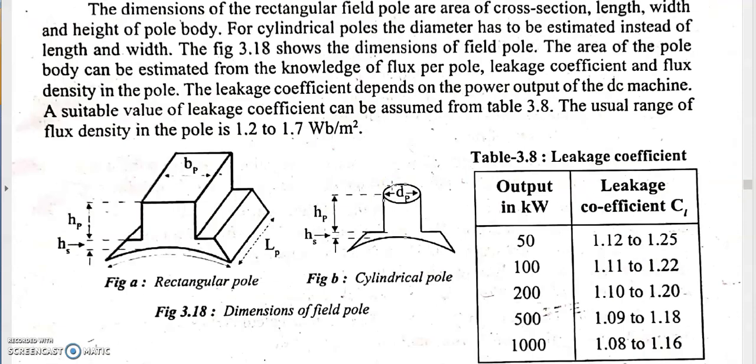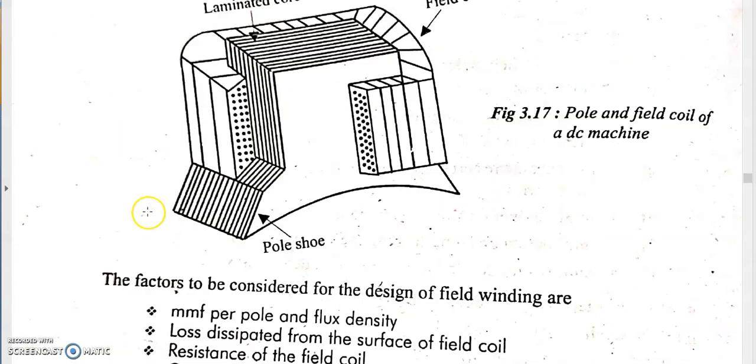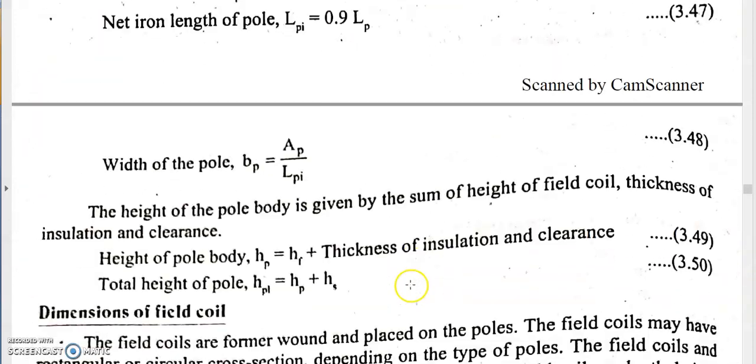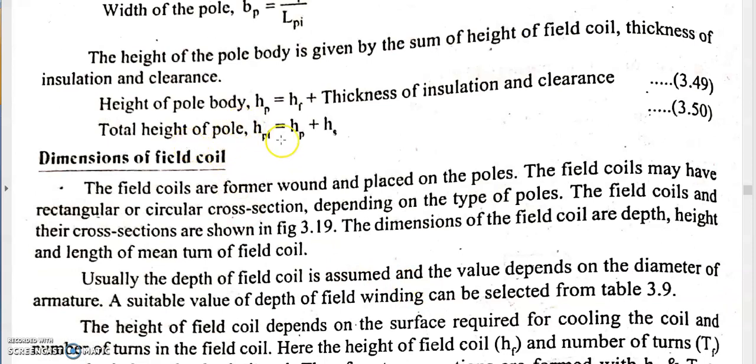See here. So height of the pole body is height of the field winding. See here, we can clearly see. So height of the field winding plus insulation and clearance of this field winding, that will give the height of the field pole. So we are calculating the height of the field pole as HP plus HS.